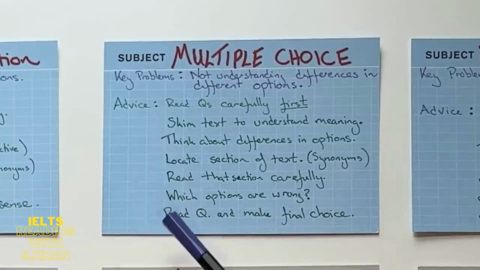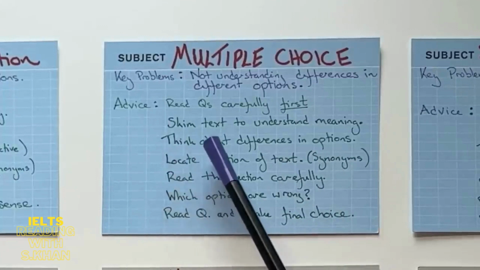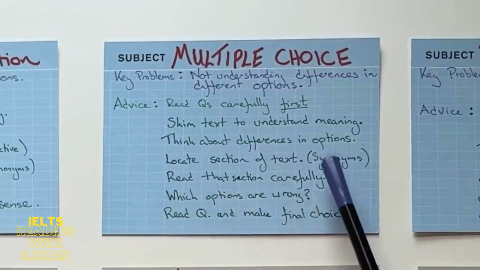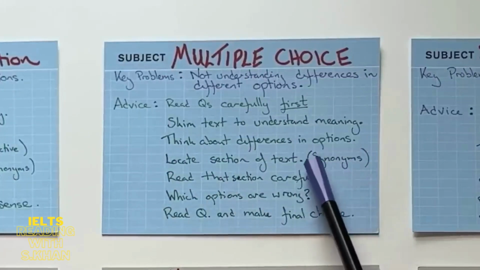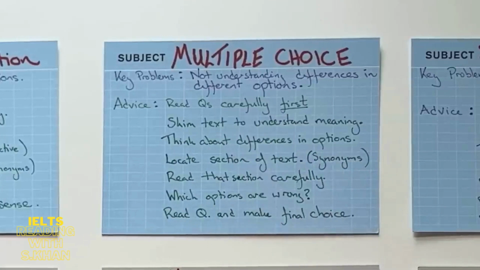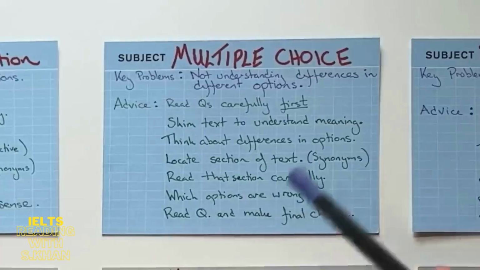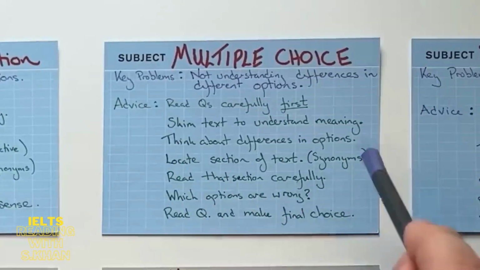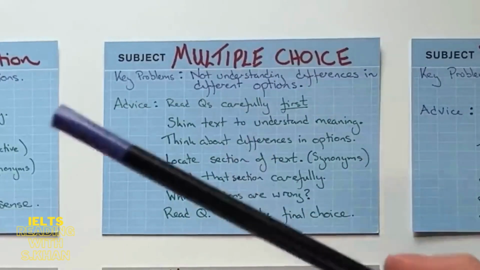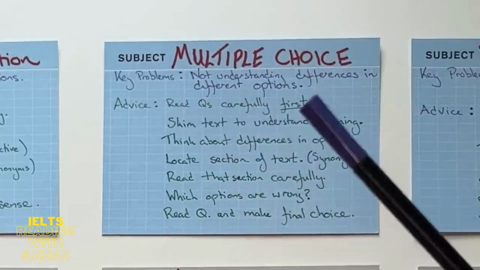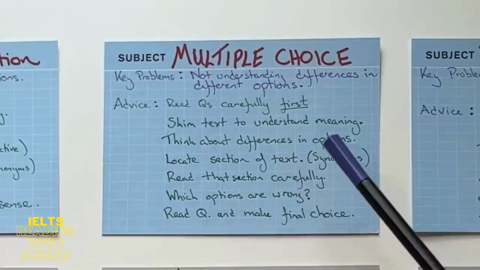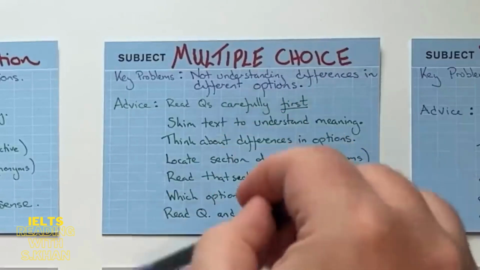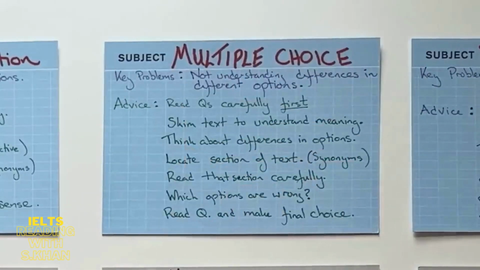Then we're going to take each question and locate the section of the text, being aware of synonyms for that particular question. So if it's question 24, you're going to look at question 24, look at the information in there, look at the text and decide, okay, this is where the correct answer is. I haven't decided the correct answer, but I know the location of the correct answer.